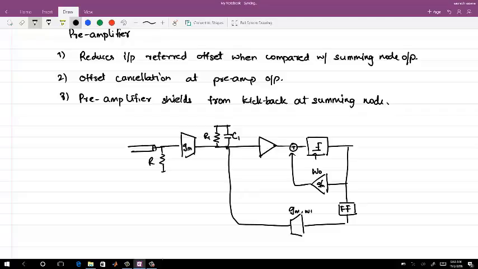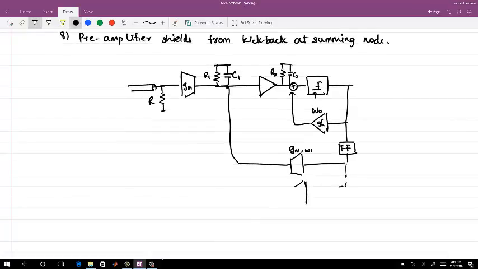So if I am summing at this node, there will be another set. Surely you will have a resistor and a capacitor, but if all other taps are coming to the second node, there is only one tap connecting to the closest node.